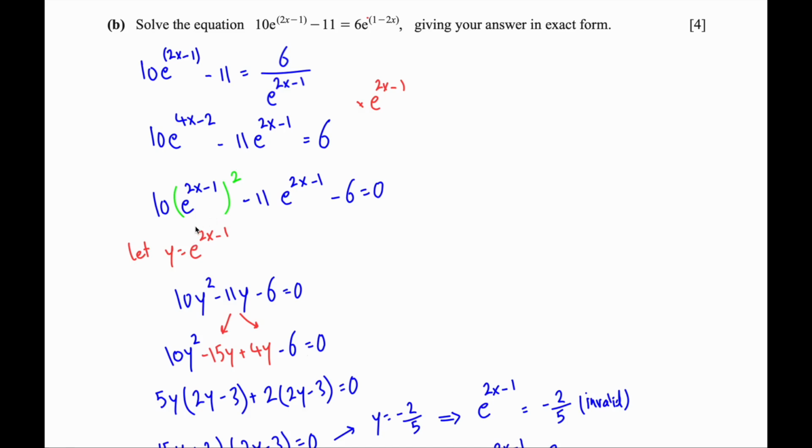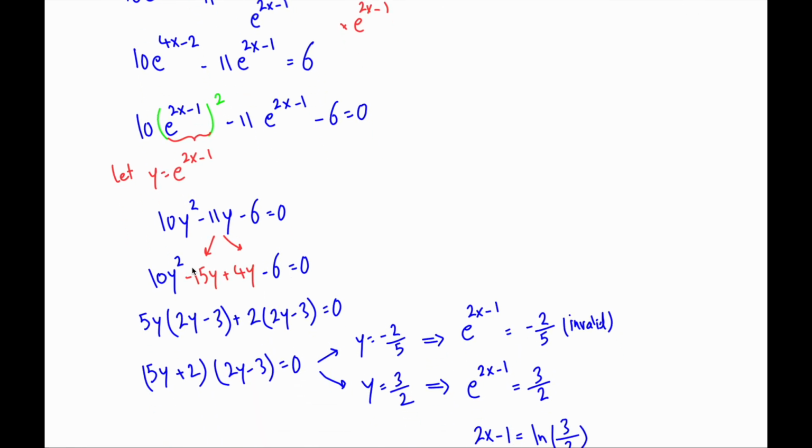And the way you can approach it is to basically introduce a new variable such as y and call it e to the power of 2x minus 1, and then it becomes more obvious that this is a quadratic equation to be solved.